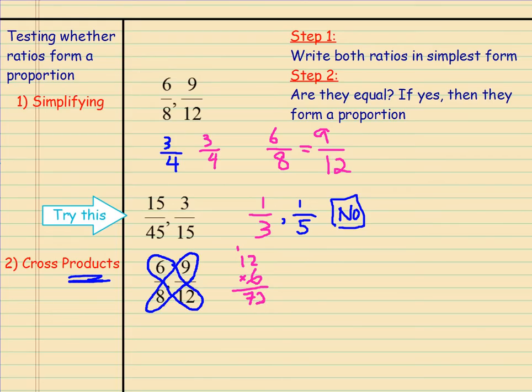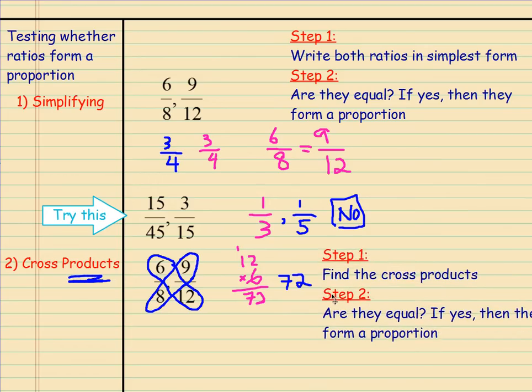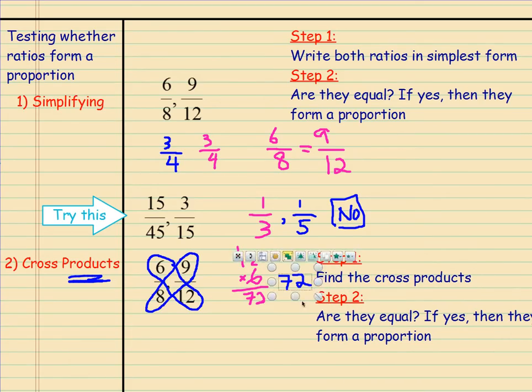Now our second one, we are looking at the 9 and the 8. What's 9 times 8? Oh, that's 72. Okay, are these cross products equal? Yes, they are. So yes, they form a proportion. And of course, that's what we expected because we discovered that by using the other method earlier.